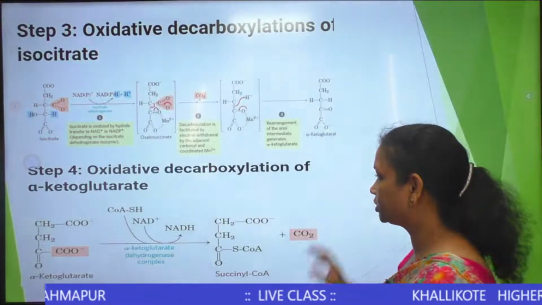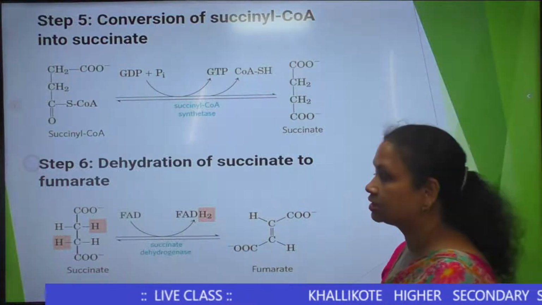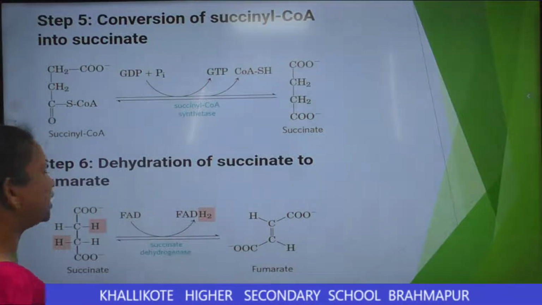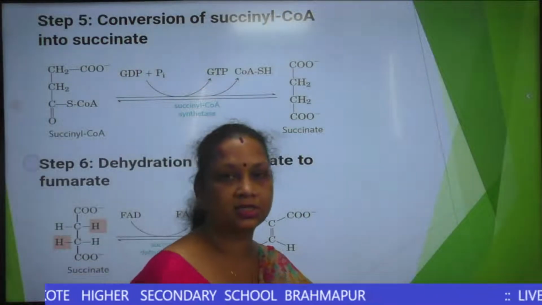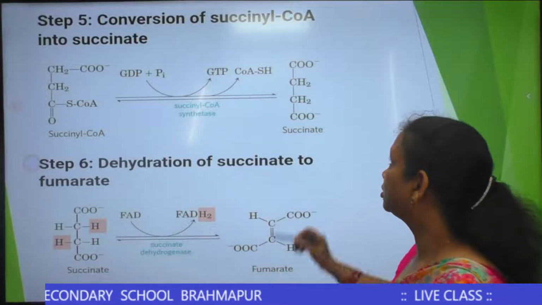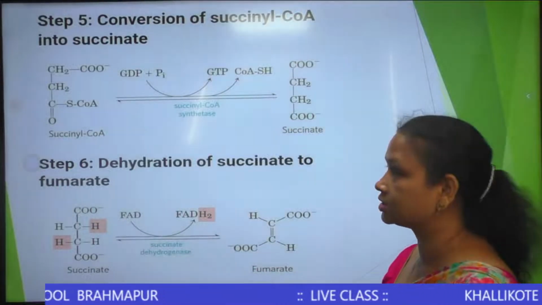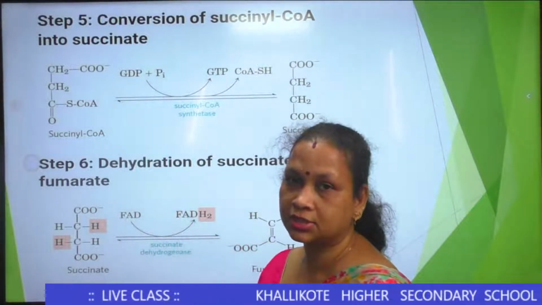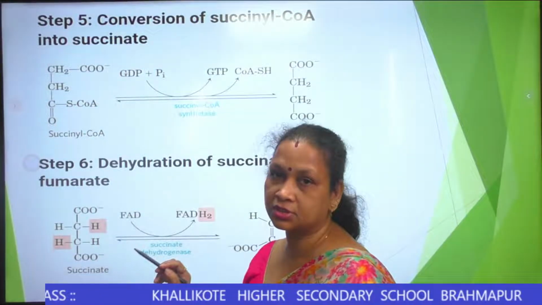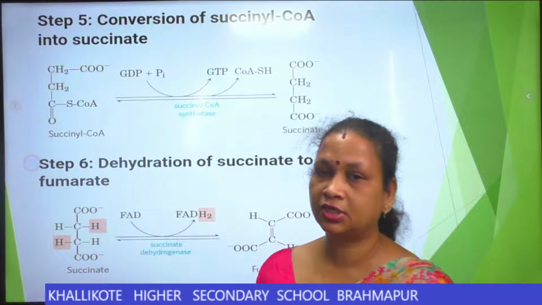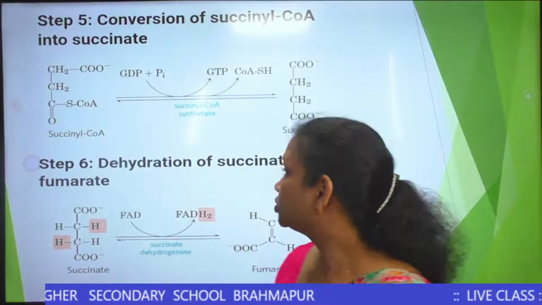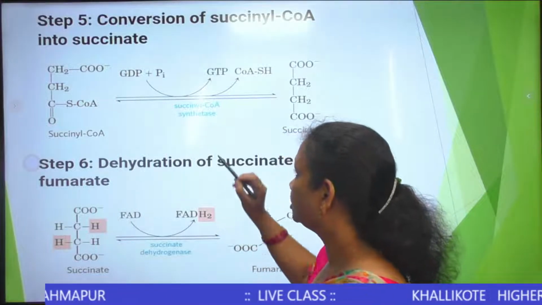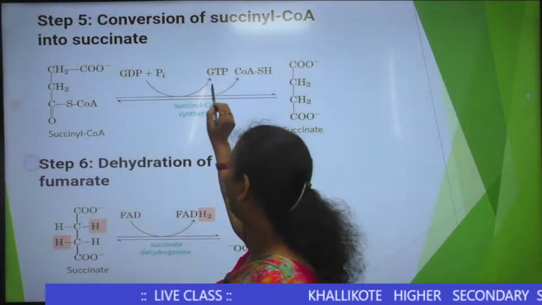The 5th step of this process is conversion of succinyl coenzyme A into the 4 carbon succinate. The breakdown of succinyl coenzyme A is an exergonic process where the amount of free energy released is large. Here that free energy can be utilized for the synthesis of a molecule of GTP.